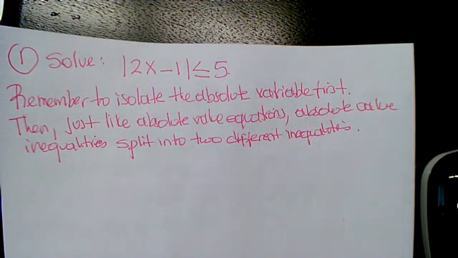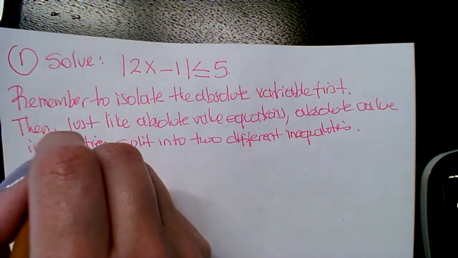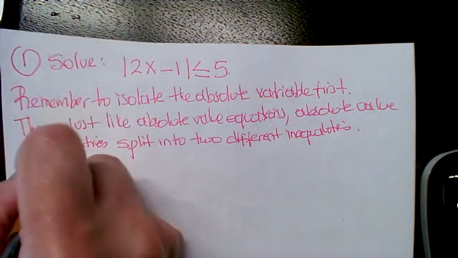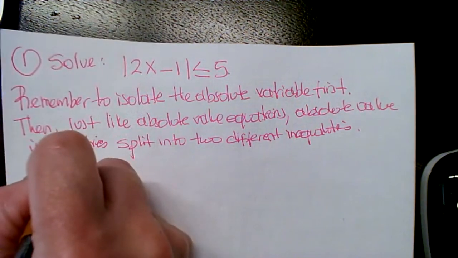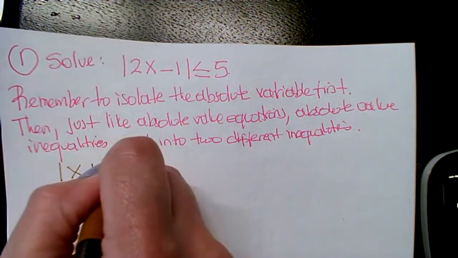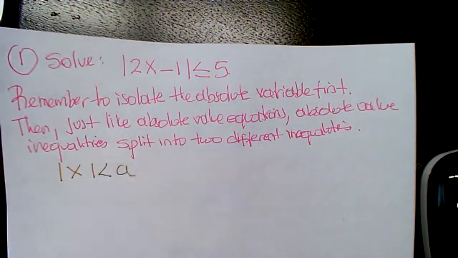Okay, so for example, what we have here is running at least 3 miles. Remember, one inequality, we have this. This is what we have.